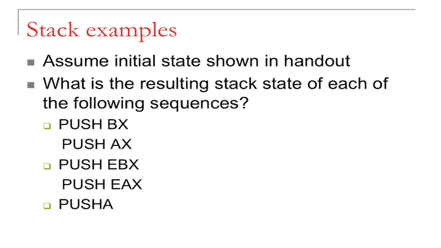What is the resulting stack state of each of the following sequences? So we have 3 sequences. First one would be push BX, push AX. And then we have push EBX and push EAX. And then the third scenario is we have push A. So these 3 are independent. They're not executed together. So push BX and AX, these 2 are executed one after another. But this push EBX is a separate case.